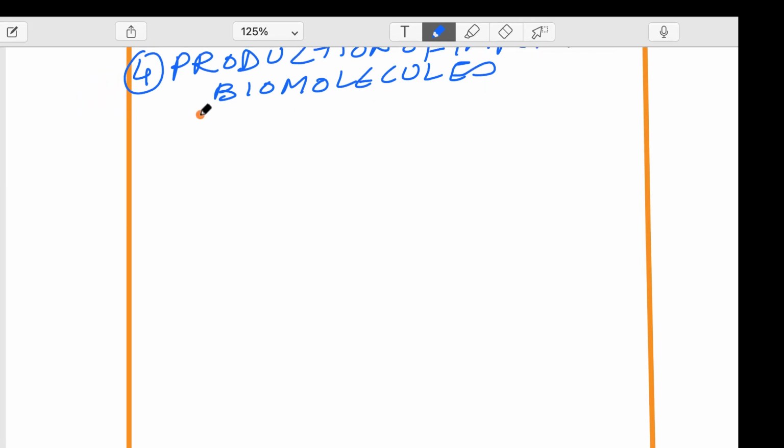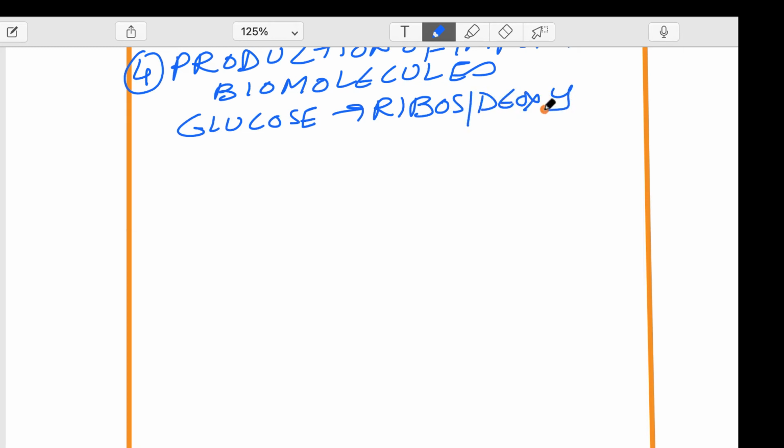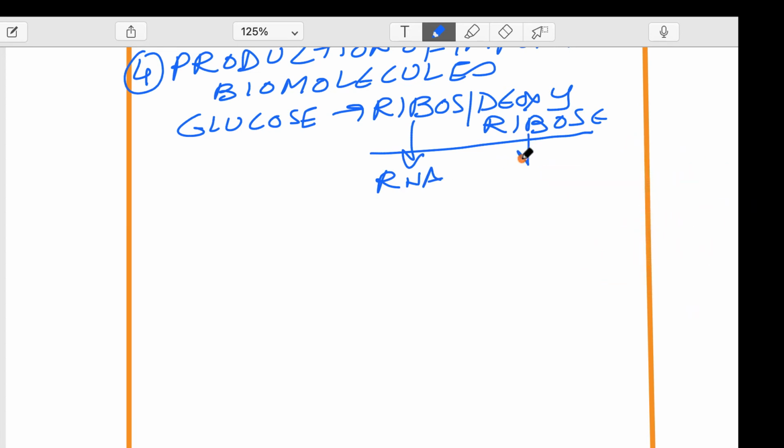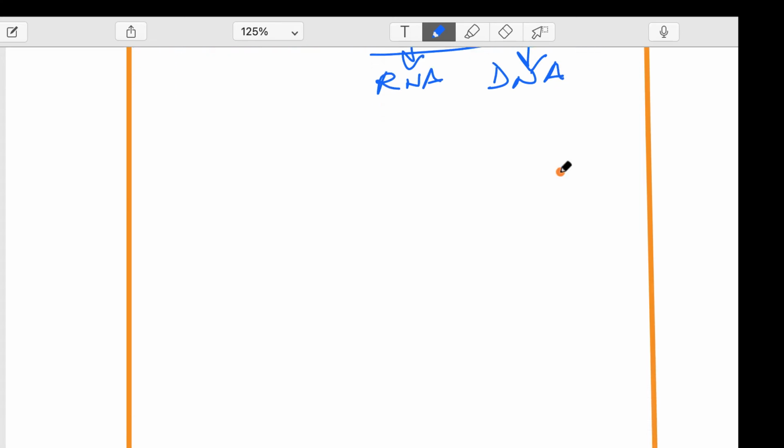Suppose we take glucose. From glucose there is a production of ribose in the pentose phosphate pathway, and deoxyribose. Ribose is part of RNA, that is ribonucleic acid. Deoxyribose is part of DNA, the deoxyribonucleic acid.